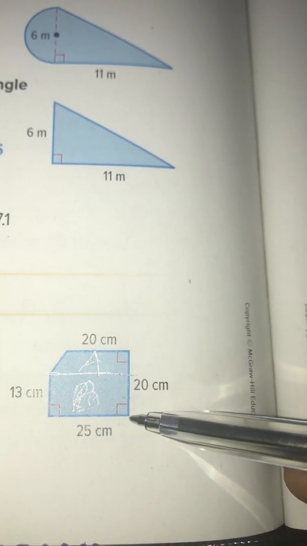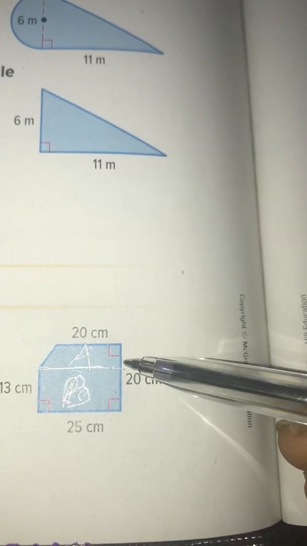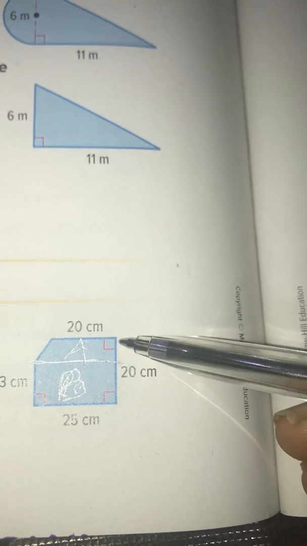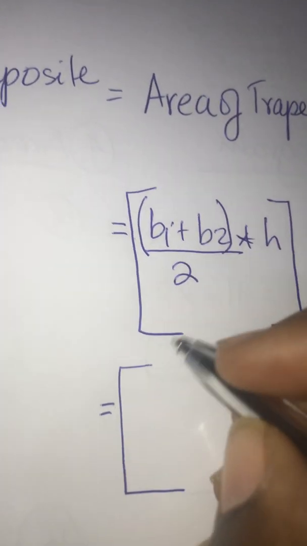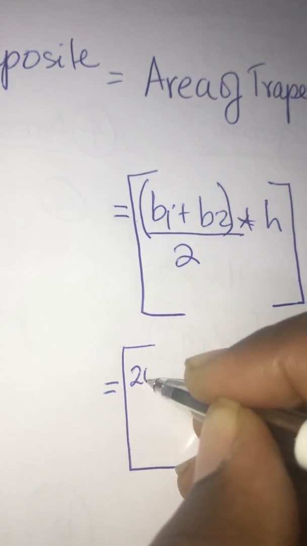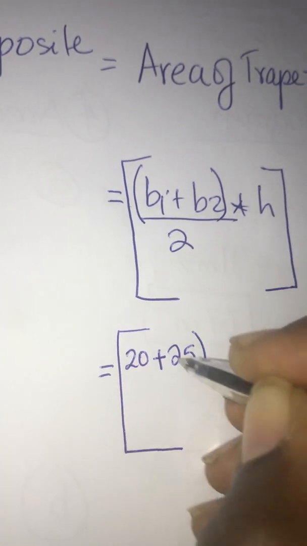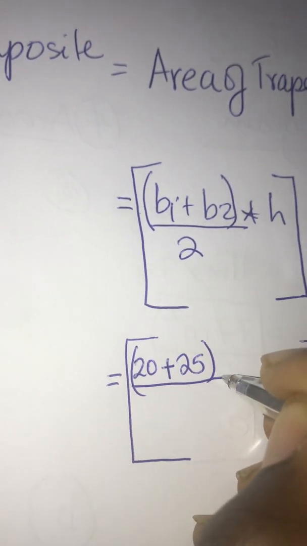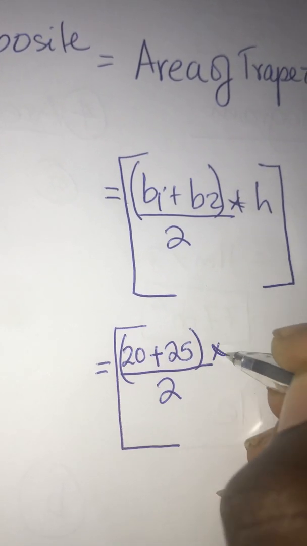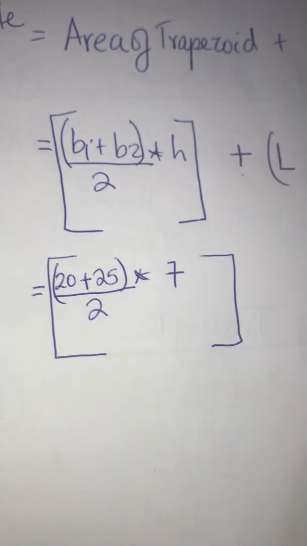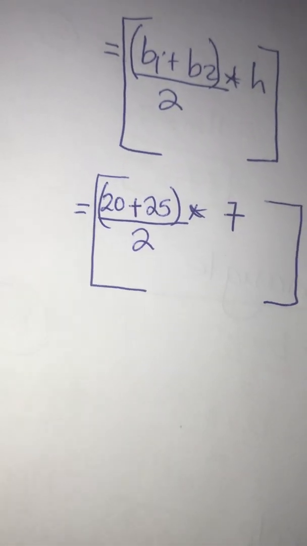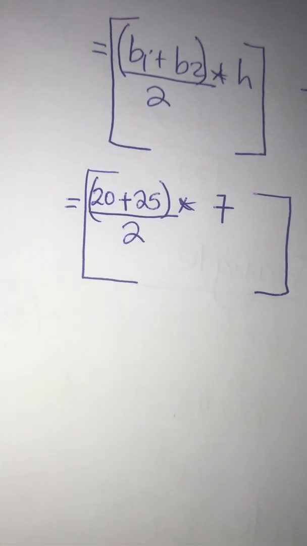Because from here to here is 13. From here to here is 20. So this distance over here will be 7. So base 1 is 20 plus 25. And then I divide by 2 and I multiply by 7. 20 plus 25 is 45.